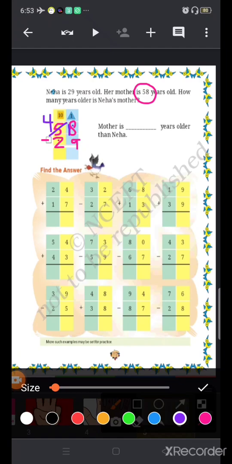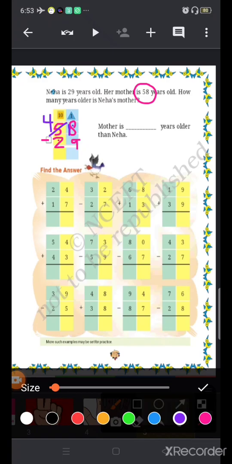Now we can subtract 9 from 18. From 9 onwards, we have to count how many more? We have to count up to 18.